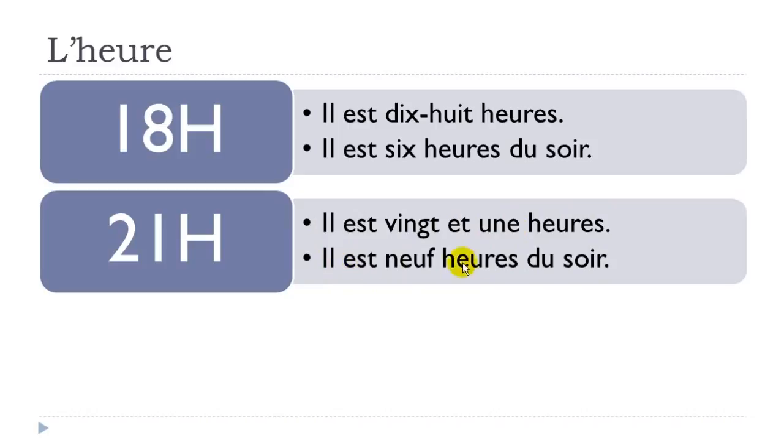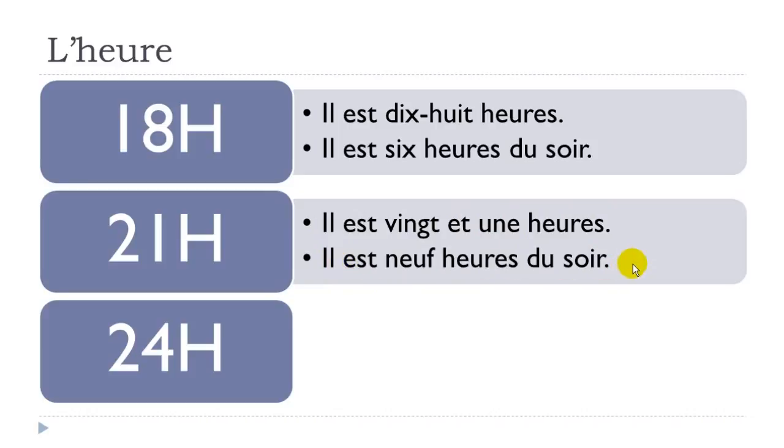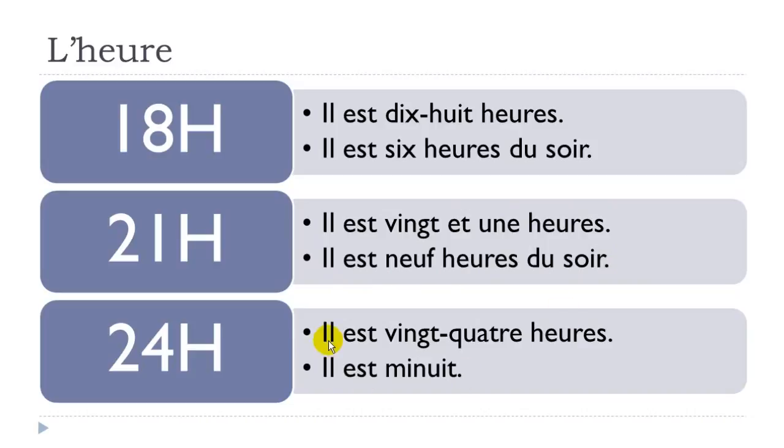Il est 9 heures du soir. Okay? Here. Il est 24 heures, okay, 24 heures, or then, il est minuit. Il est minuit. So minuit would be like midnight, okay? Il est minuit.